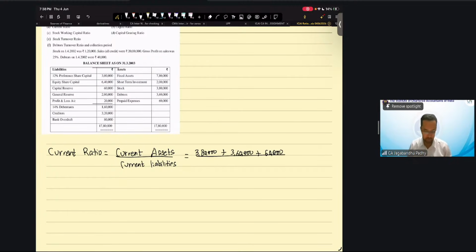So the current liabilities comprise of only two aspects, which is your creditor and bank overdraft. So this is going to be creditor of 3,20,000 and bank overdraft of 80,000. So how much is this? And of course, one more thing in the current assets, guys, short-term investments of 2 lakh.